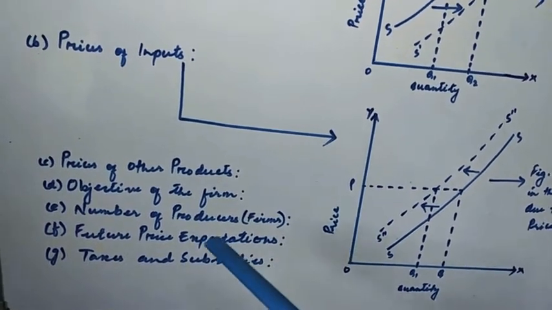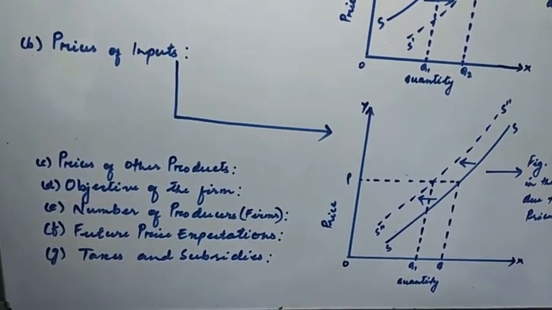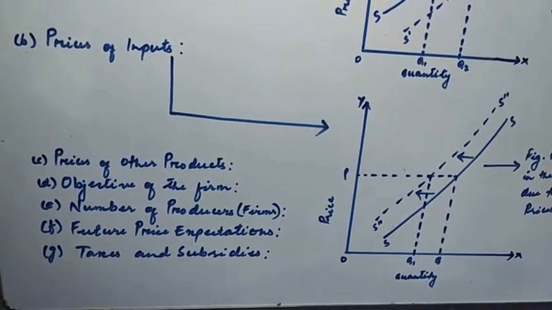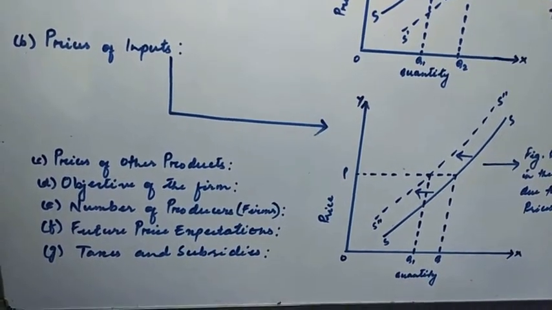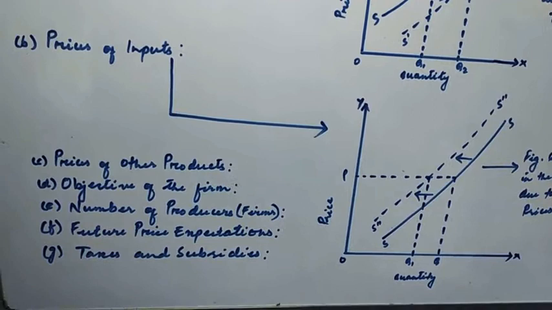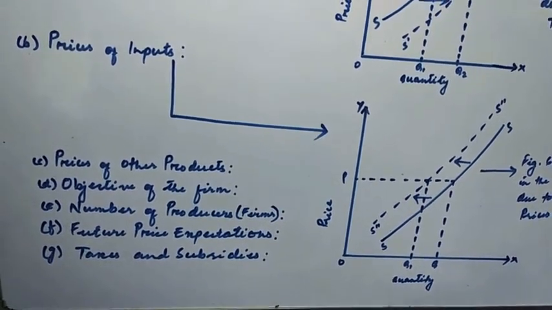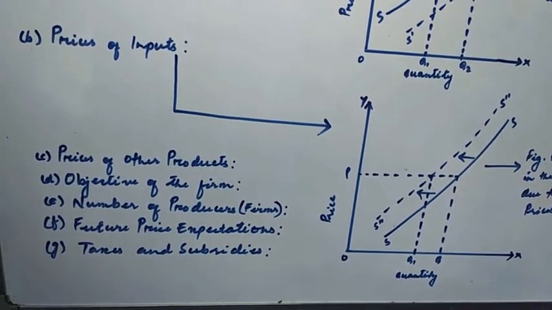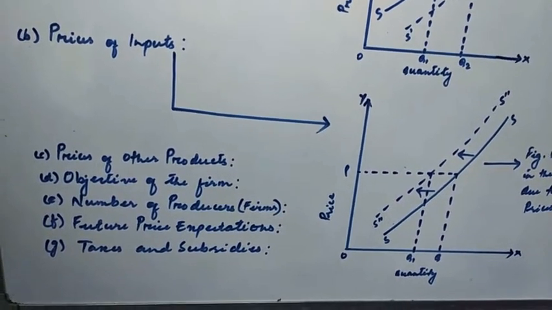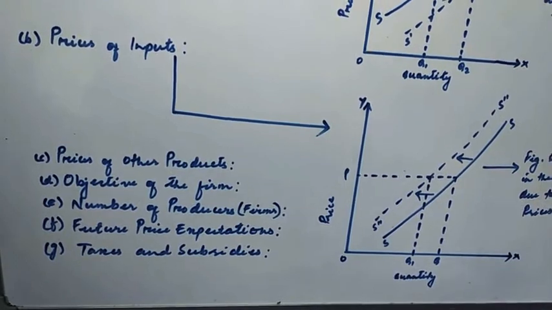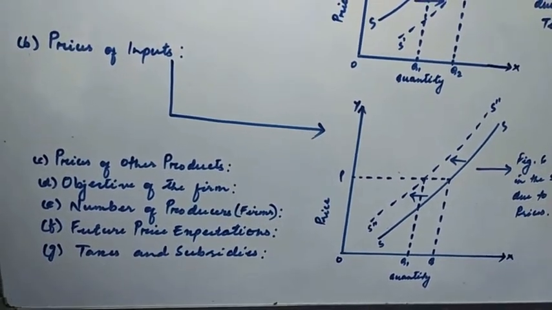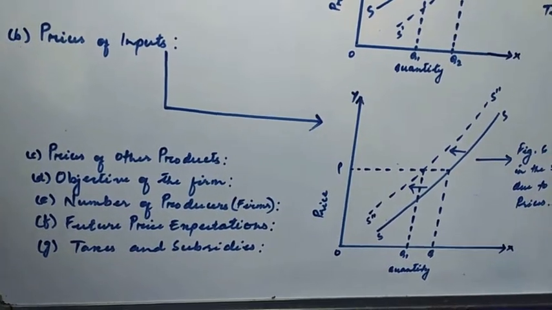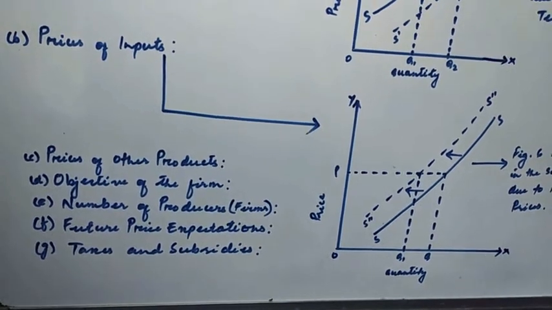The next one is future price expectations. So the supply of a commodity in the market at any time is also determined by sellers' or producers' expectations of future prices. If, as happens during an inflationary period, and inflation means price has risen, there is a general rise in the price.